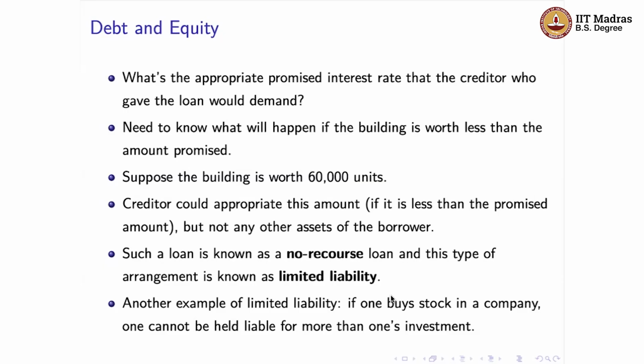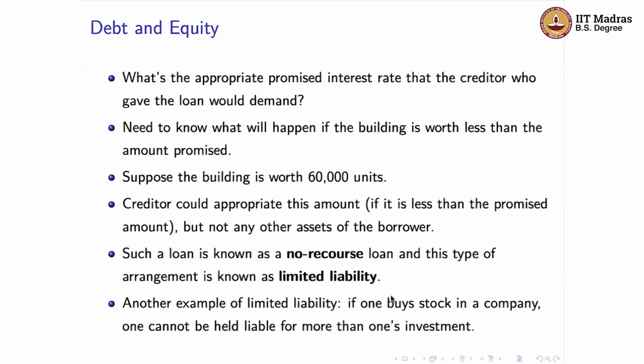Now, you might have heard of this term before, and this is a very important financial arrangement that is considered one of the building blocks of modern capitalism. Another example of limited liability is, for instance, if you buy a stock in a company and the company does not do well, then the maximum amount of money that you can lose is the amount you put in buying the stock.